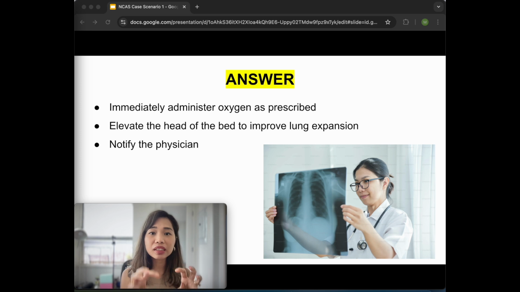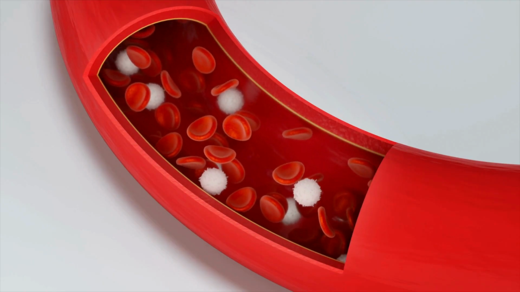What's going to happen is fluid backing up. The fluid will back up to the pulmonary circulation, or the lungs. All the fluid that's supposed to be ejected by the heart is now backing up to the lungs.